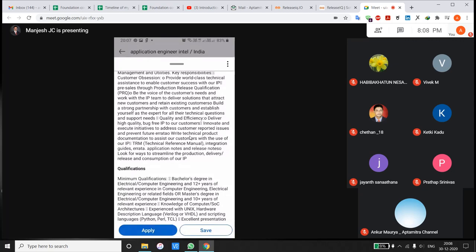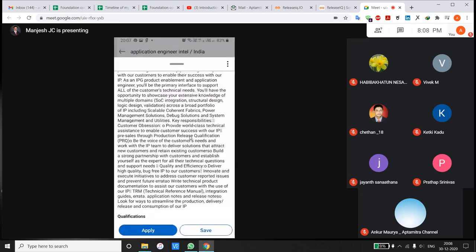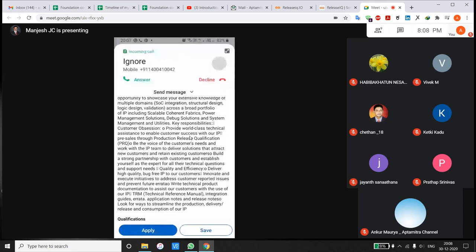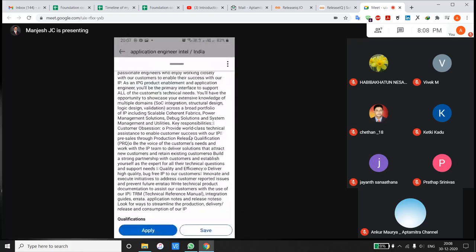But usually application engineering roles also involve writing technical documents. For example, over here it is saying provide world-class technical assistance to enable customer success with our IP.